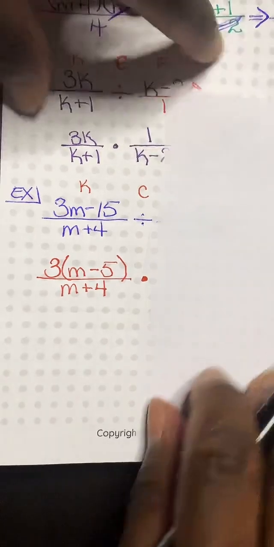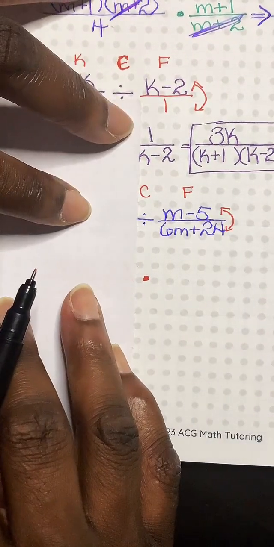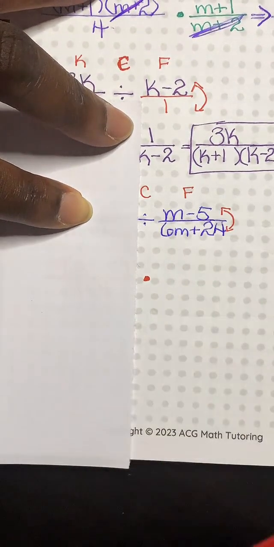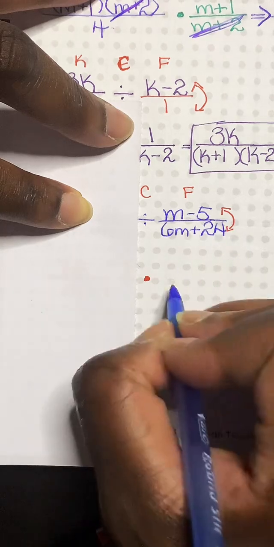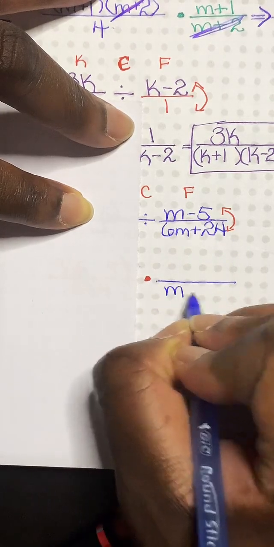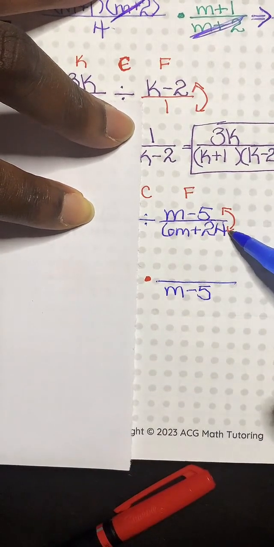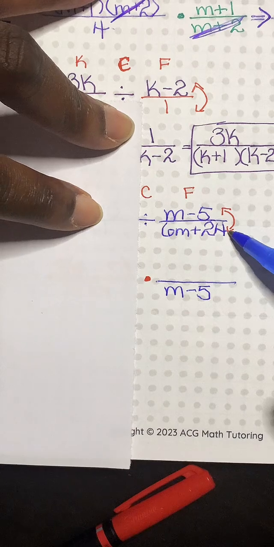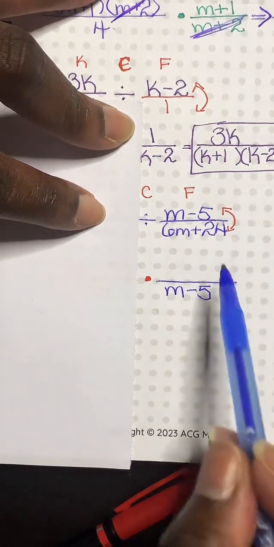So now let's focus on the other ratio. We have our m minus 5, but since we're flipping it, that's going to be in our denominator. But for the numerator, the new numerator is going to be 6m plus 24.